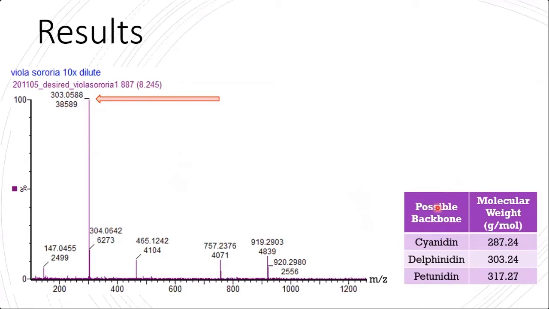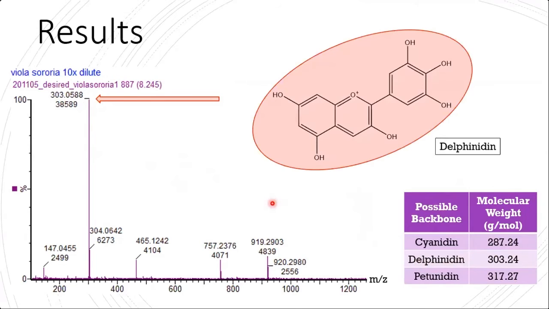Now we look at our table and see that the one that matches is this, which is our backbone, which we will say is delphinidin. Now we have delphinidin here. I have circled it in red and it will be circled in red in following slides just so you can follow along.